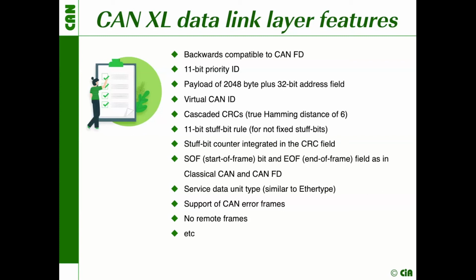Today, we are mangling the address somehow into the CAN identifier together with a priority. In CAN XL, we have a dedicated 32-bit address field. We also have a virtual CAN ID. We have additional CRCs because we want the same robustness that we have with classical CAN and with CAN FD. Maybe it's even better.